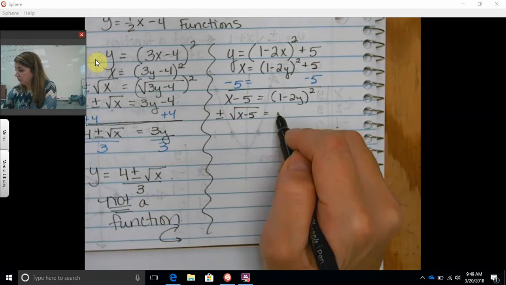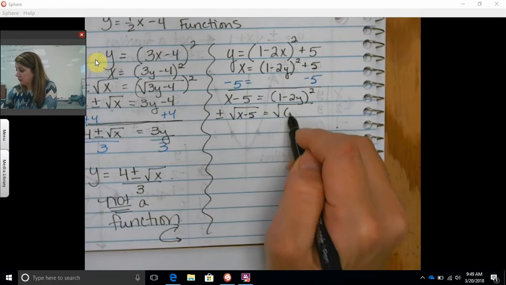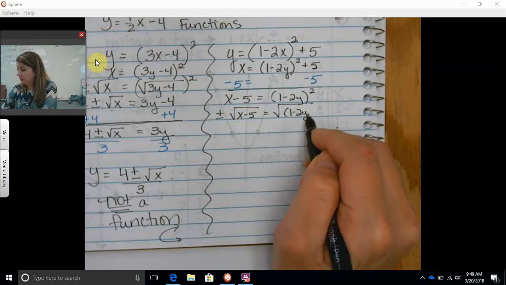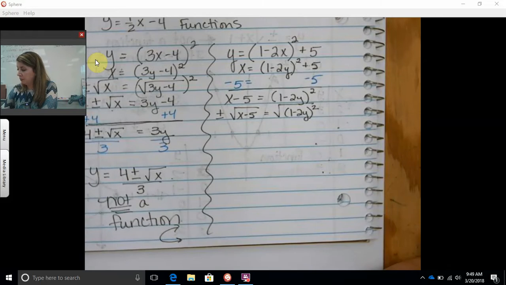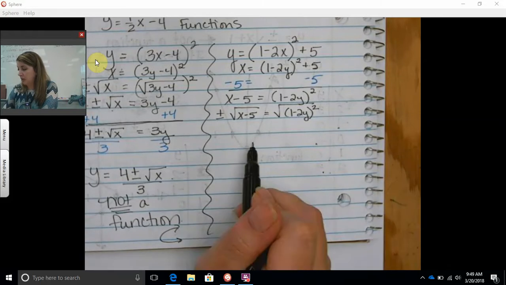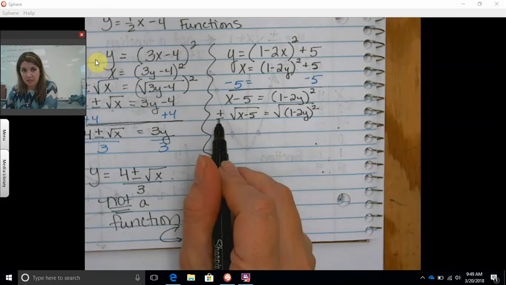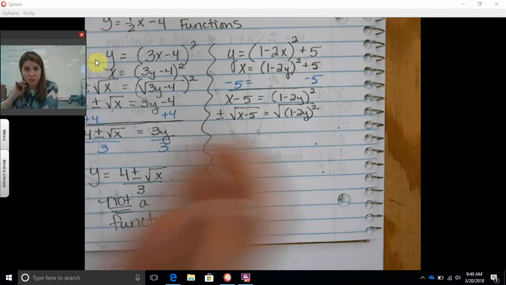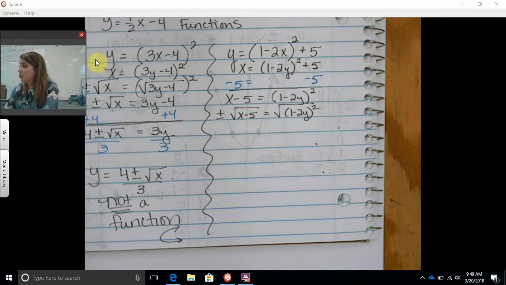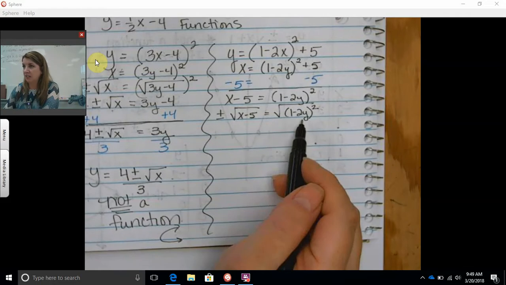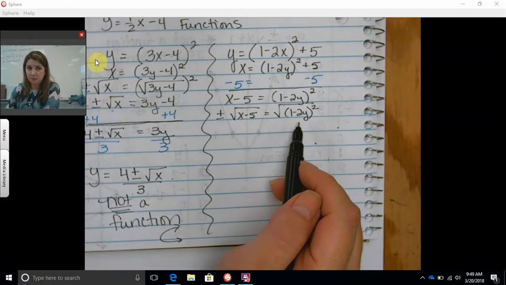And I took the, like she said, I did the positive and negative because if it's an even index, you do positive and negative, but not on the side that has the variable that you're trying to isolate. It's always on the other side.